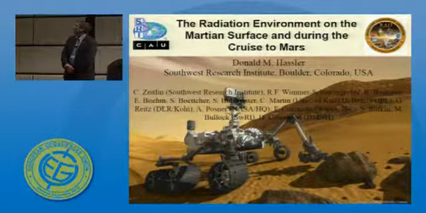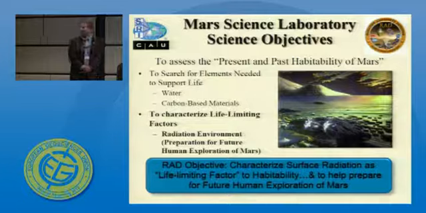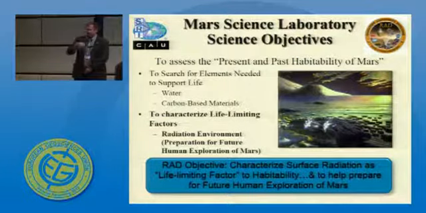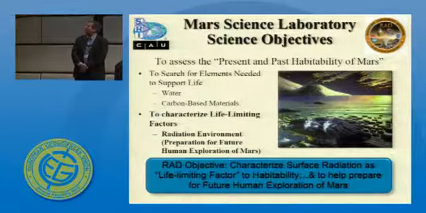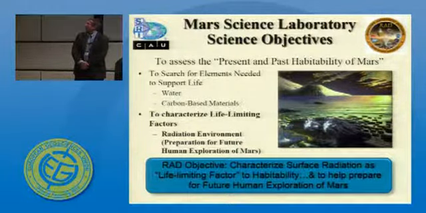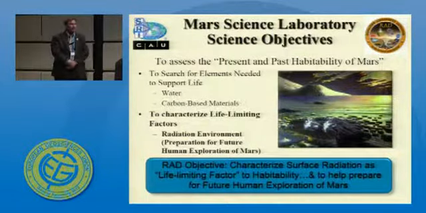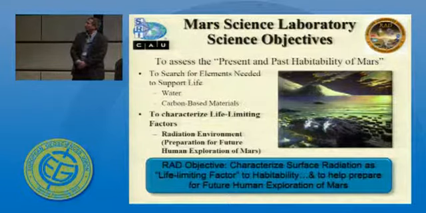So if we visit for a moment the top-level objectives of the Mars Science Laboratory, to assess the present and past habitability of Mars, most of the discussions to date have been about the geology and looking for carbon-based materials. But certainly, one of the elements that has to do with habitability is life-limiting factors.